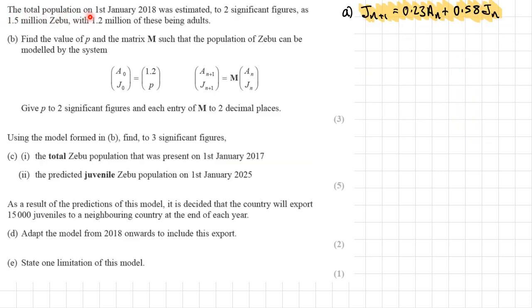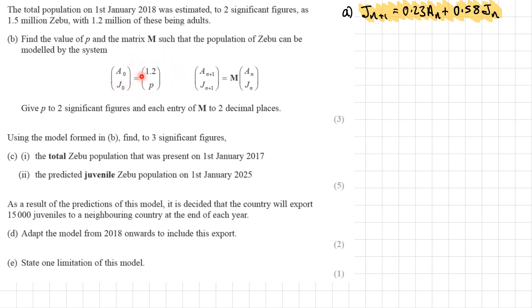Okay, the total population on the 1st of January 2018 was estimated to two significant figures as 1.5 million zebu, with 1.2 million of these being adults. Part B, find the value of P and the matrix M such that the population of zebu can be modelled by this system.